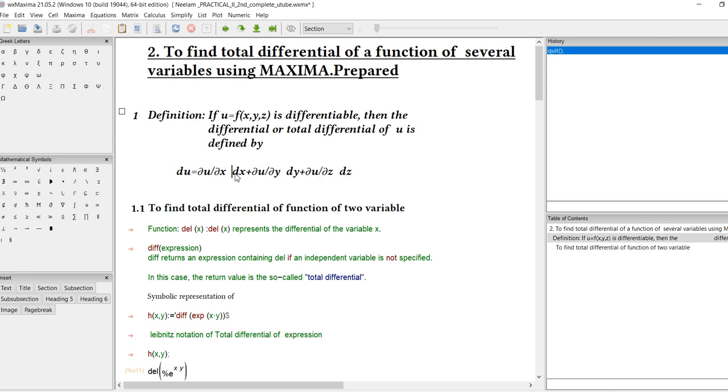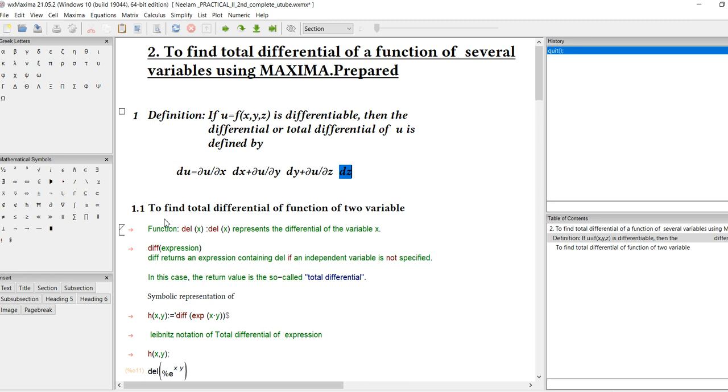In Maxima, this dx is written as del of x, dy is written as del of y, and dz is written as del of z if we are taking a function of three variables. You can practice with two variables. So here we first take a function of two variables, apply the total differential on it, then take a function of three variables. You can increase the number of independent variables here.